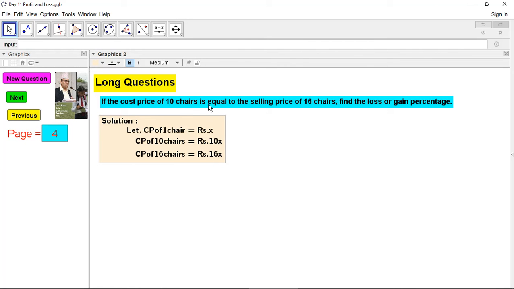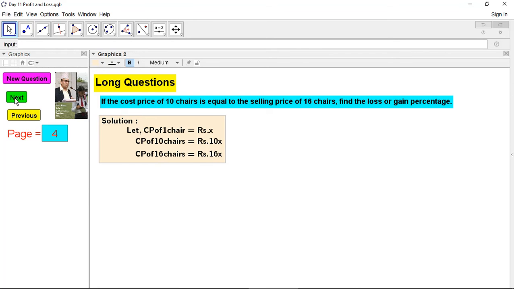But here, I have supposed the cost price of one chair is x. So the cost price of 10 chairs will be 10x, and the cost price of 16 chairs is 16x, by using the unitary method, because we have to compare with the selling price of 16 chairs.